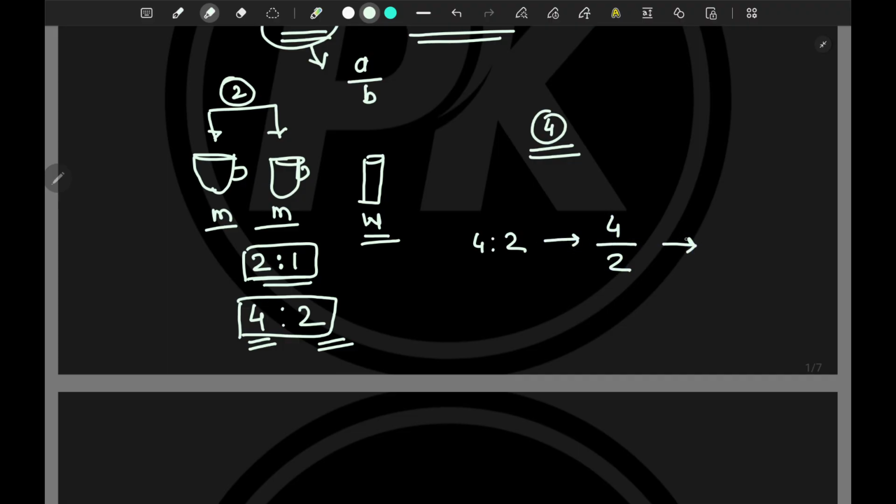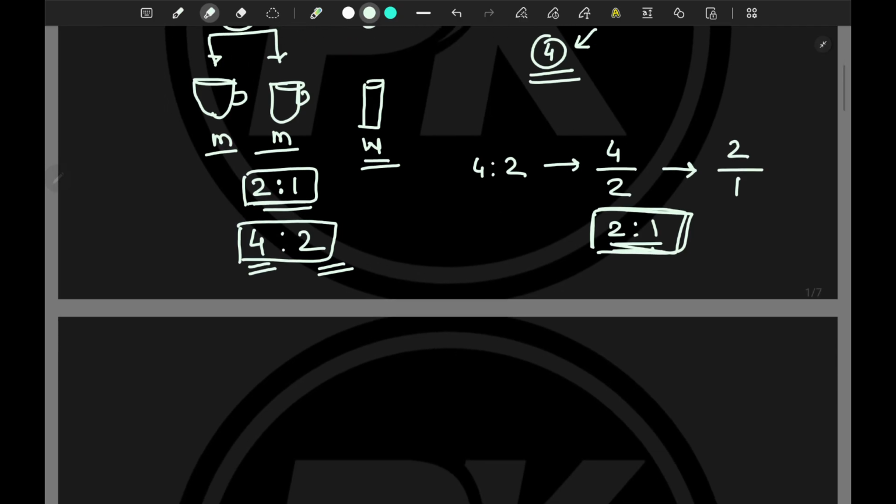If I further simplify it, I can write it as 2 by 1, that means 2 is to 1. That means I kept this ratio the same when I was preparing tea for 2 friends and when I was preparing tea for 4 friends.